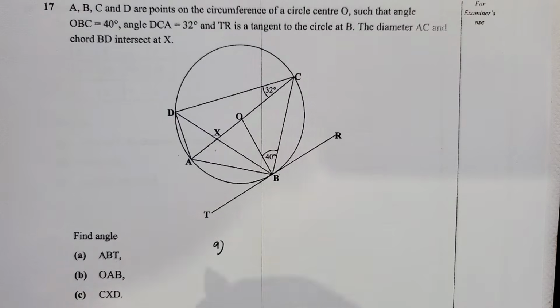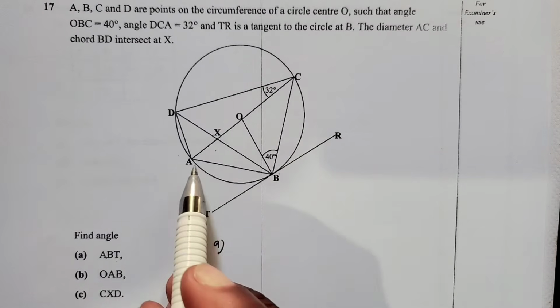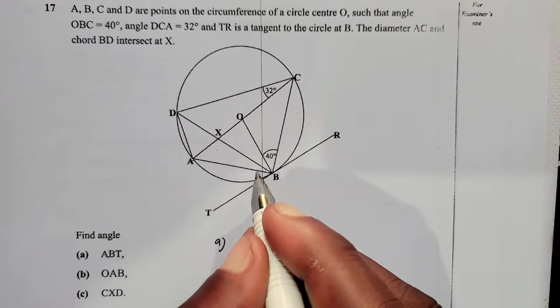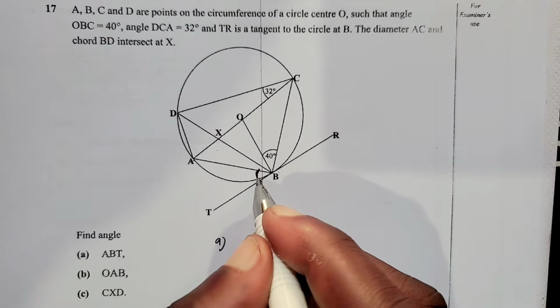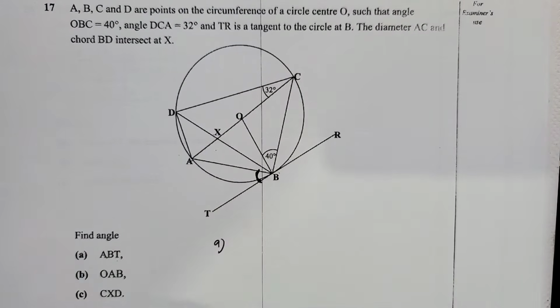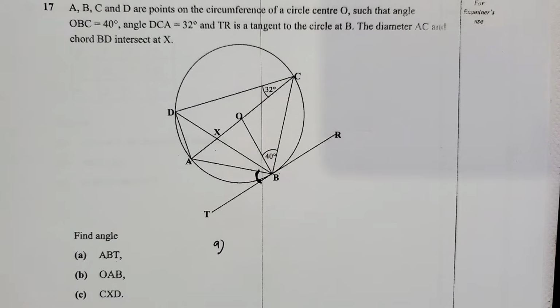So it's asking for ABT. They want this angle here. How can you find this angle? I want you to understand that there is a property. Let me teach you something here.